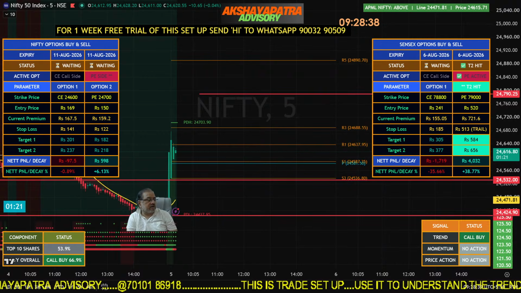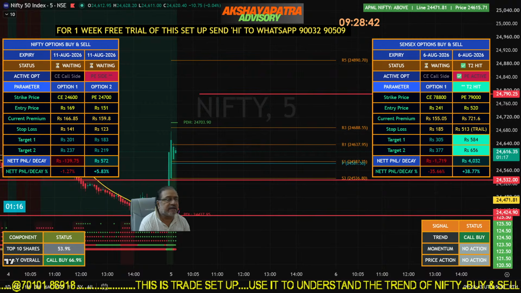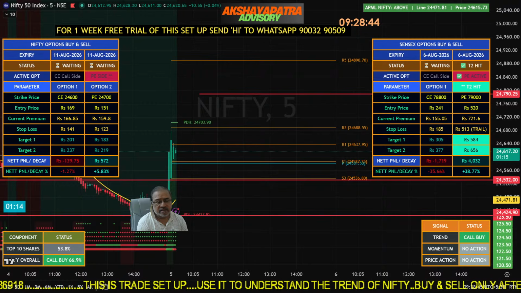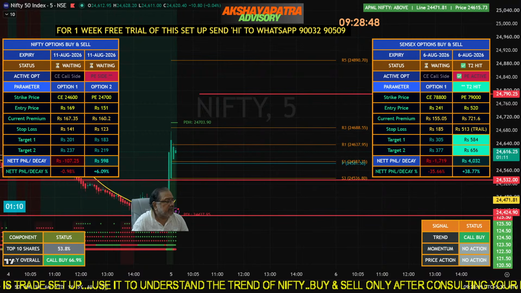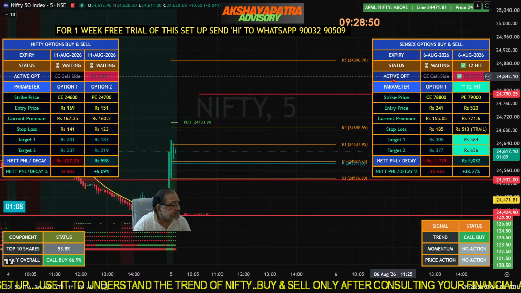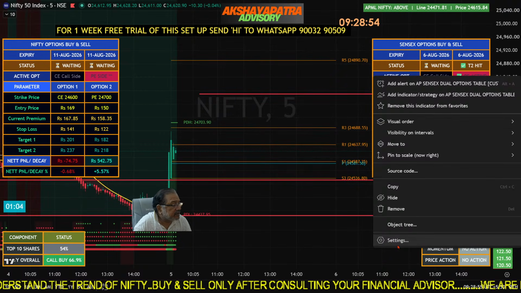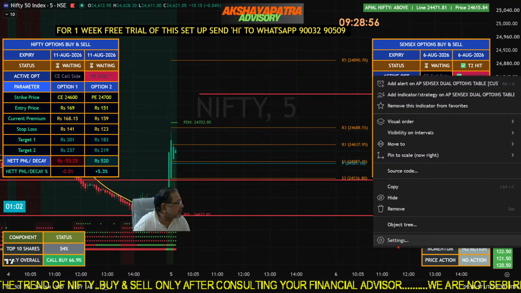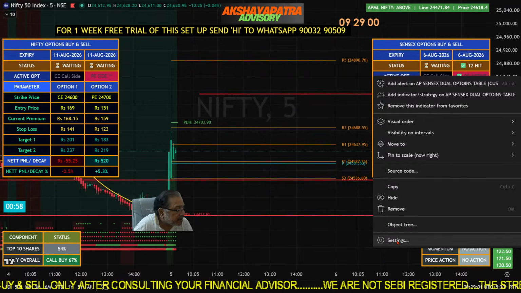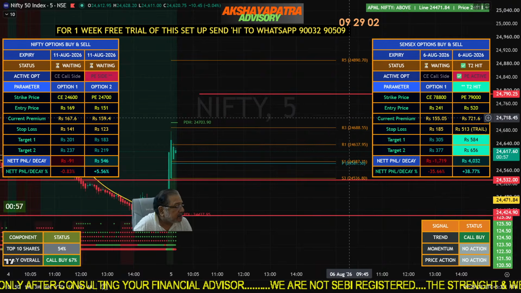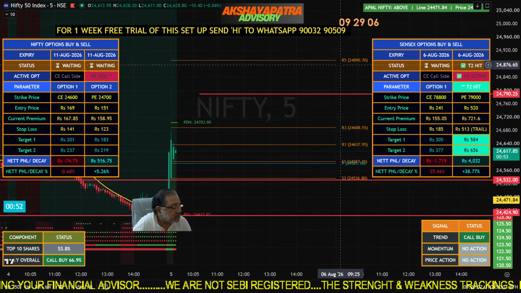If not, don't consider it. Is it okay, or do you want me to remove that and check it outside? I am not seeing any movement here. Maybe because we are trying to apply it on a Nifty chart. There may be anchoring and other issues here.